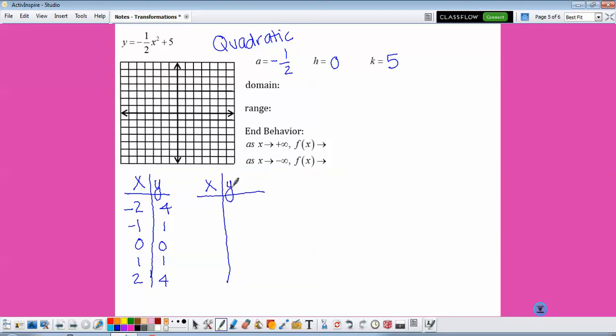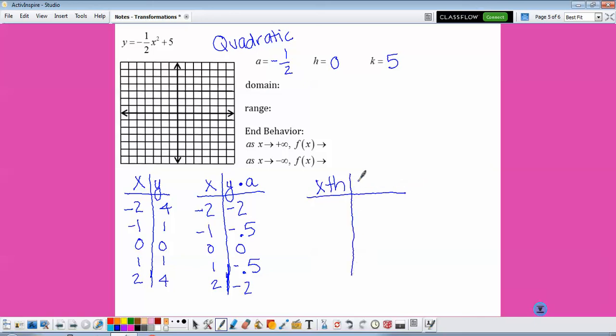Start by multiplying our y's with a. So 1/2 of 4 would be 2, make it negative. 1/2 of 1 is 0.5, make it negative. 1/2 of 0 is 0, -0.5, and -2. Then our x is plus h, and our y is plus k.